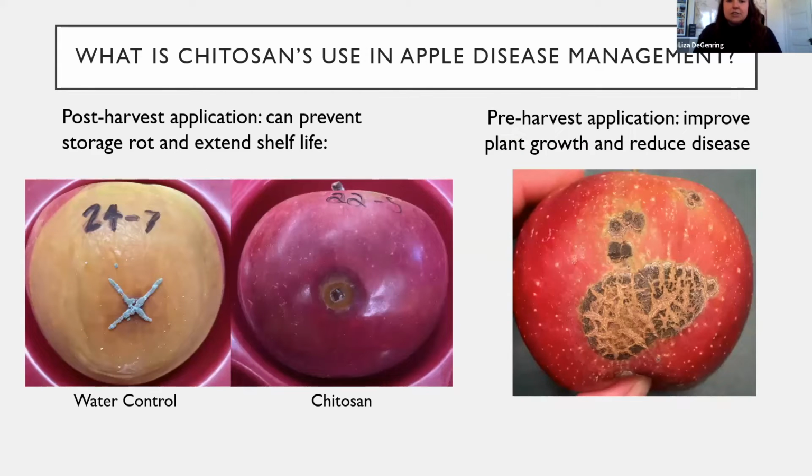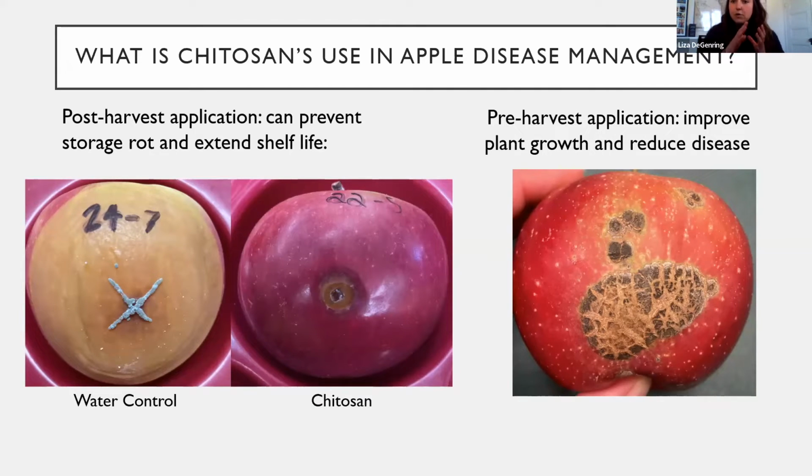So what is Chitosan's use in apple disease management? A lot of the research with Chitosan in agriculture has looked at its use as a post-harvest application with many different fruits and vegetables. And what we found is that Chitosan can prevent storage rot and can extend shelf life. And this is predominantly because Chitosan creates a nice barrier around a fruit or vegetable that can slow the ripening process and can also reduce weight loss because of moisture loss.